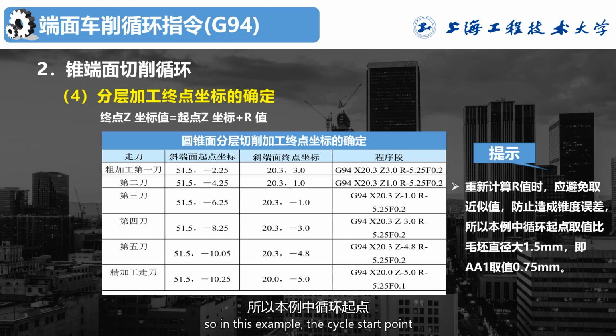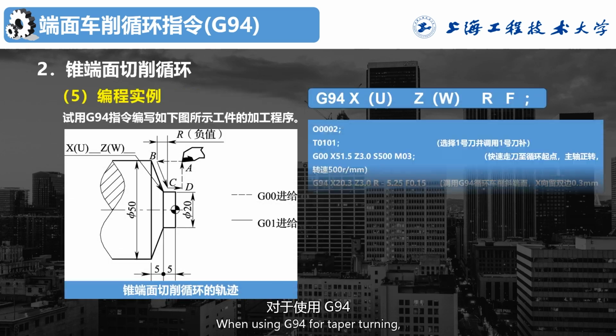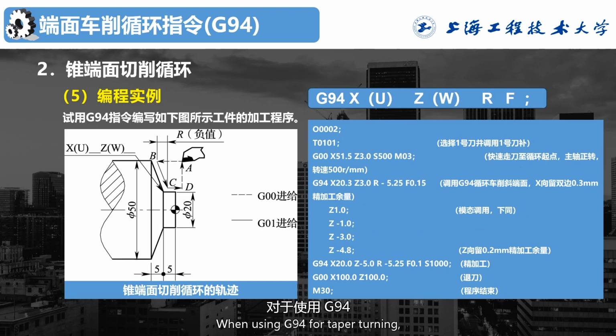So in this example, the cycle start point is set to be 1.5 mm larger than the blank diameter. When using G94 for taper turning, you will find that the R value needs to be calculated additionally, while other parameters are determined in the same way as for straight turning.